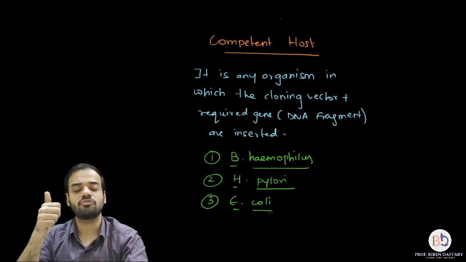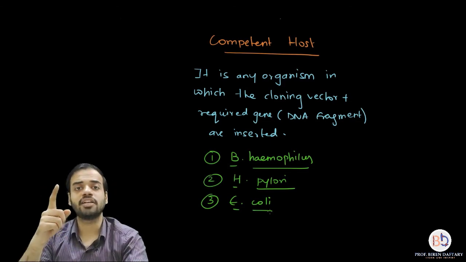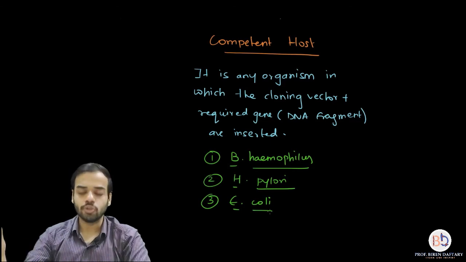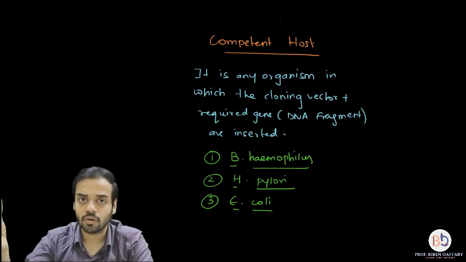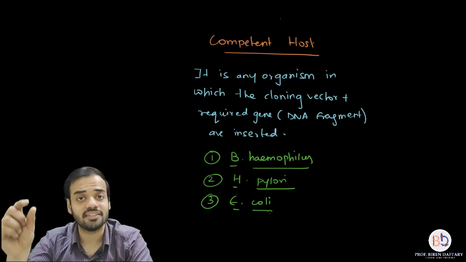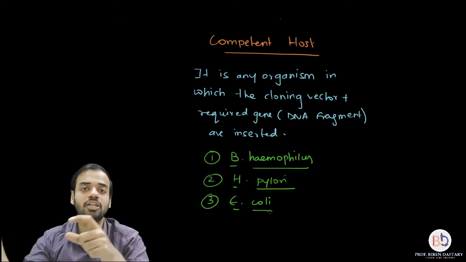So we have finished with the enzymes. In that we studied restriction enzymes, then we studied the cloning vectors, and now finally we have completed the competent host. So finally, what is recombinant DNA technology? You remove a gene or DNA fragment from any cell. That DNA fragment or gene is the gene which is of desire. That gene, you add it into the cloning vector.